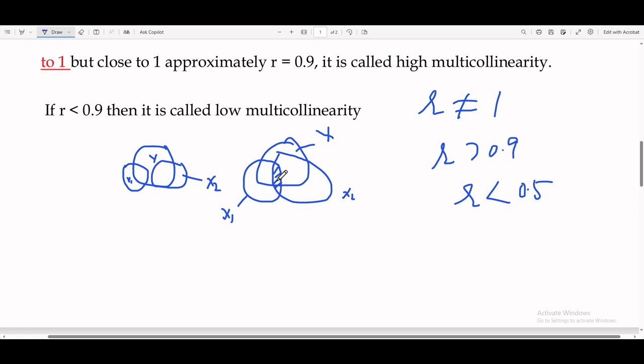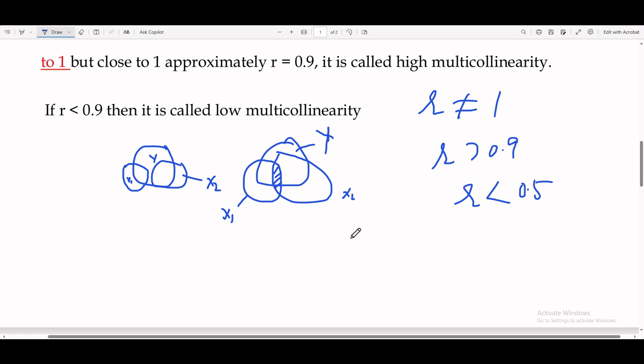This area means that the data of x1 and x2 have resemblance, and here is the collinearity, meaning overlapping. So this collinearity has the same effect on the dependent variable. You can identify multicollinearity graphically with this shaded area. This is called overlapping or correlation. This is the type of low multicollinearity.